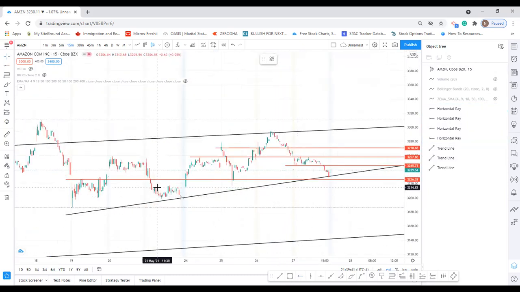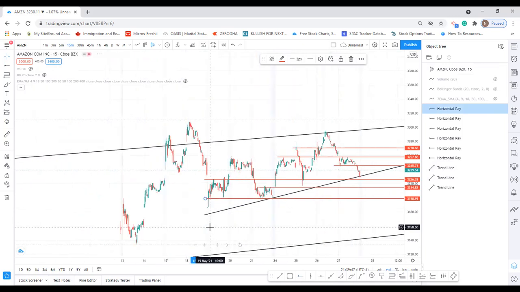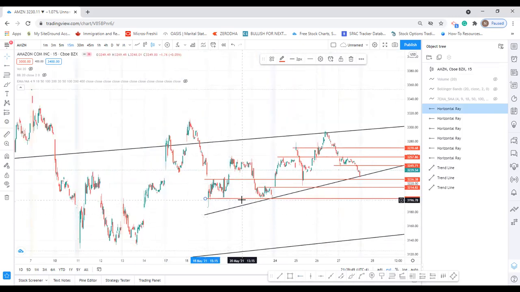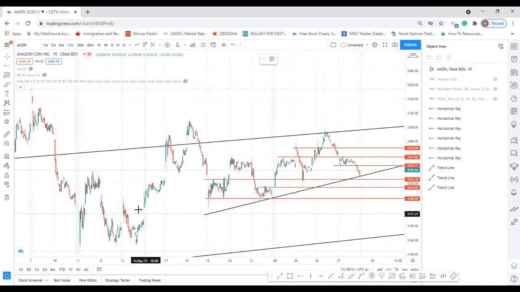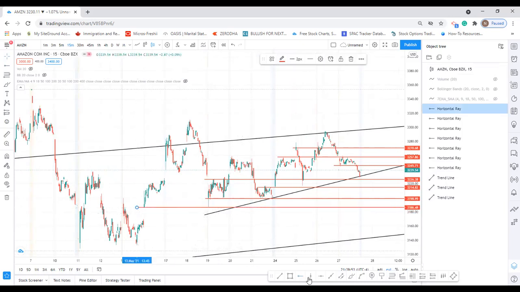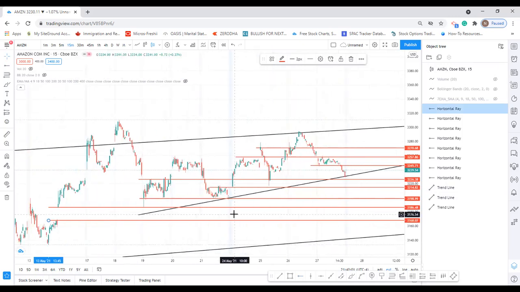Further down, if I go, this is 3214, and further down you will see 3198. And if 3198 is broken, you will see 3186, and the last will be like 3168. So basically your price predictions come from the previous closing or previous highs and previous lows.